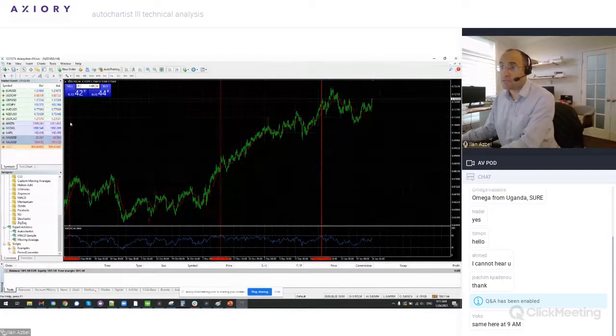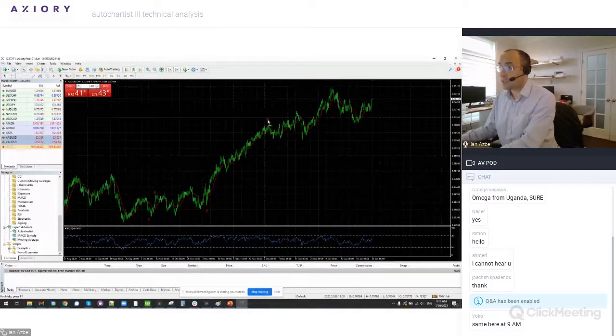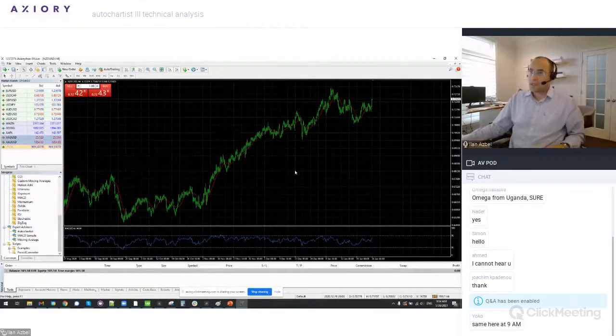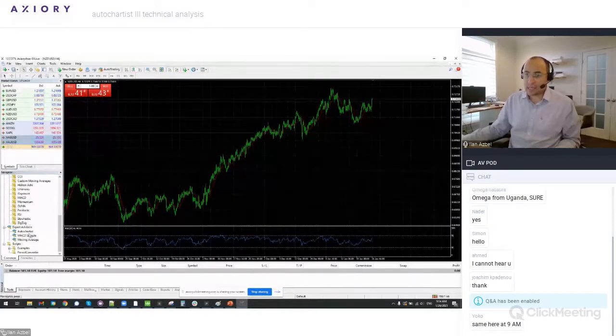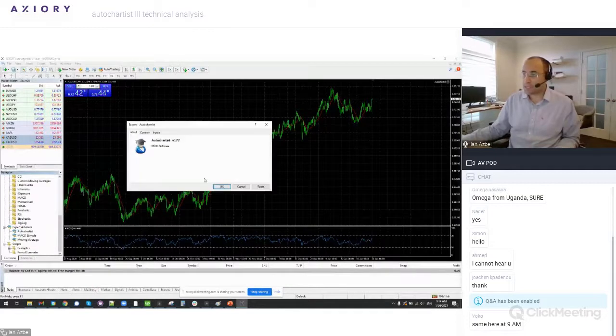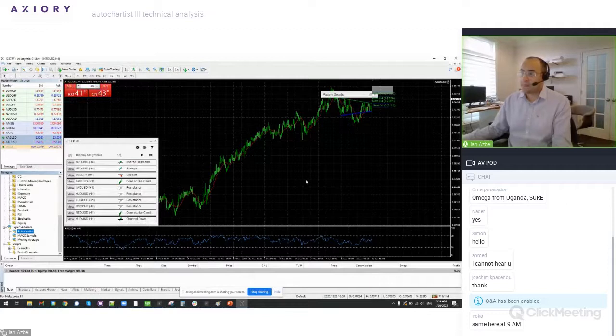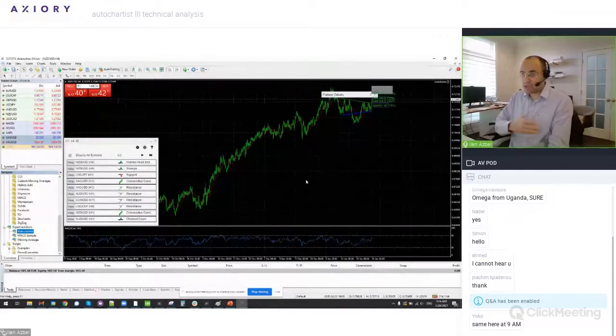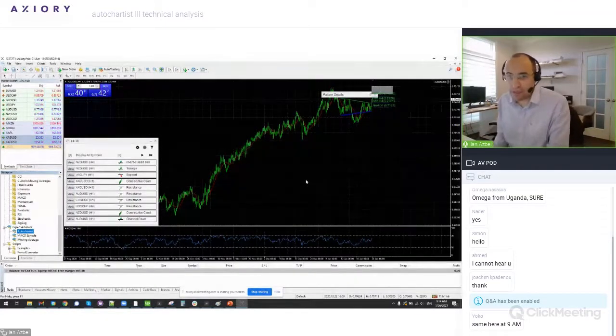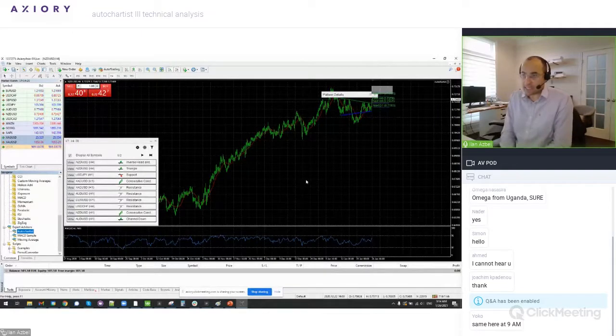Now I'm going to remove some of these lines. Let me just remove some of these drawing indicators. Okay. Now let's look at something like technical chart patterns and support and resistance. Now, support and resistance is I think widely acknowledged to be the most broadly or widely used methodology of trading technical analysis, right?